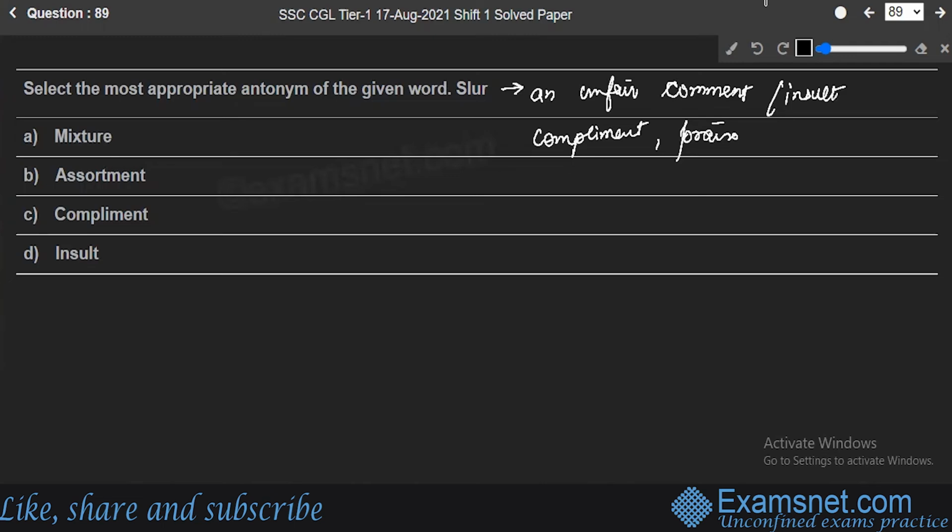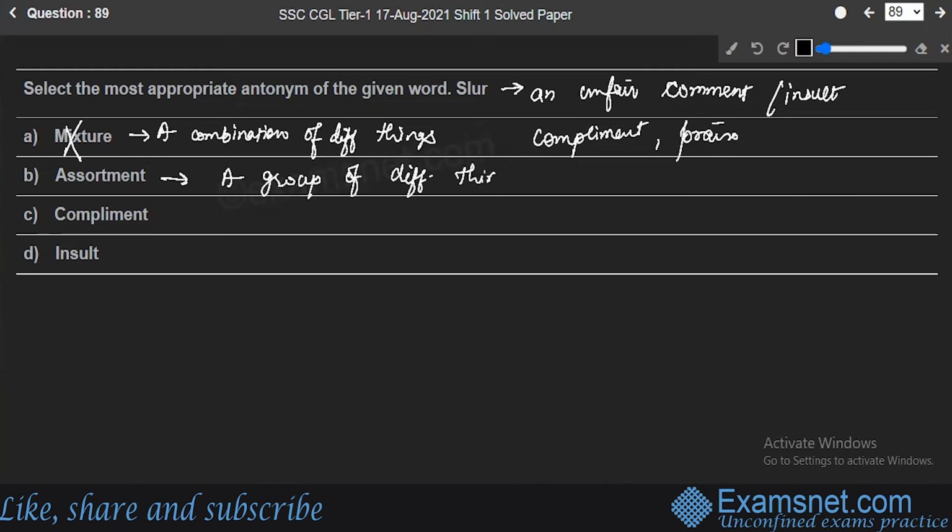So which is the correct option out of these? Obviously the compliment, but still let's see the meaning of each of the words one by one. Mixture is a combination of different things. Of course, this is not the correct option. Assortment, a group of different things or different types of the same thing, but it's a mixture, right?